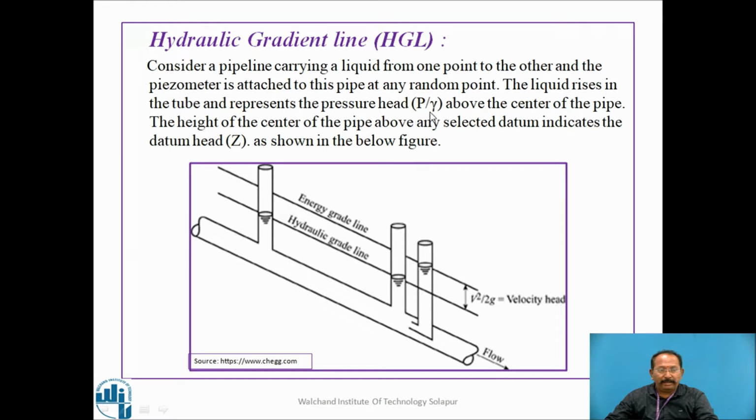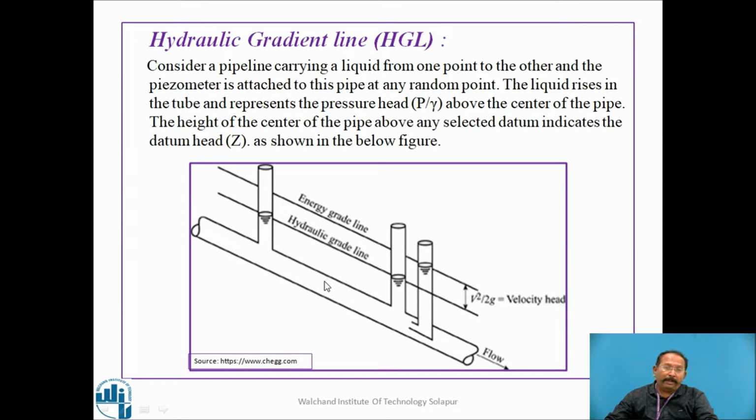So it is a head, pressure head. In many of the books it is P by W, where W is also the specific weight. So P by W or P by gamma plus Z is your hydraulic gradient line.